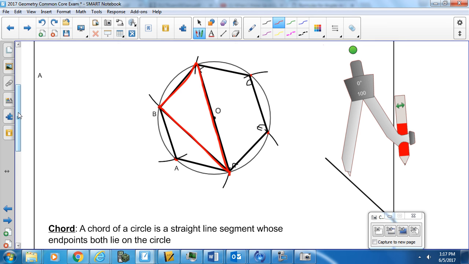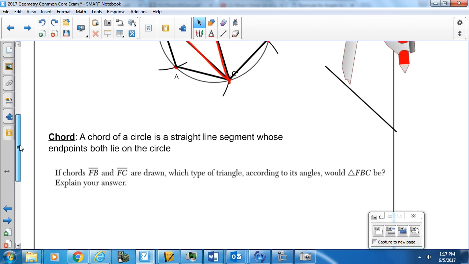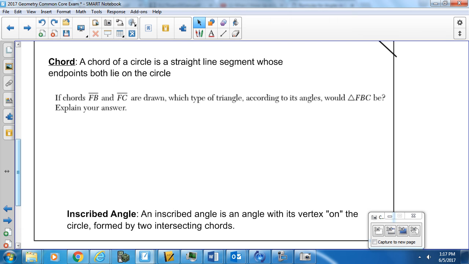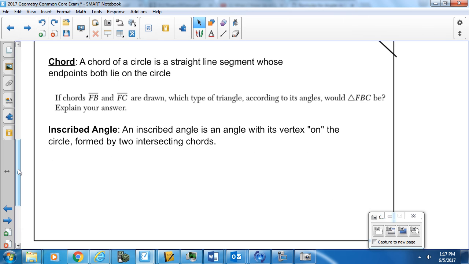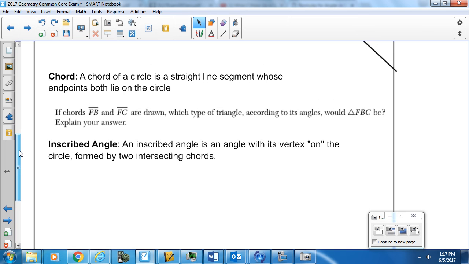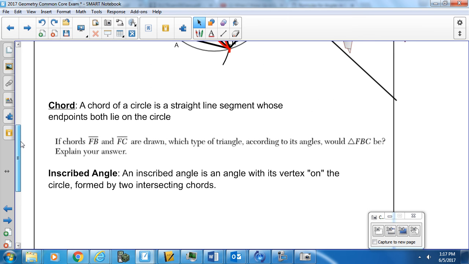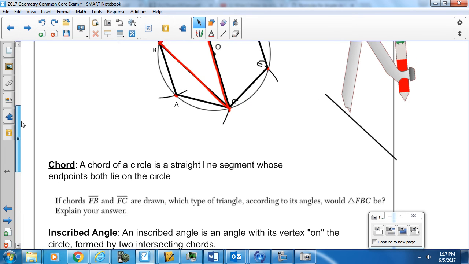Now, if you notice, angle B is an inscribed angle. They're all inscribed angles actually, but what is an inscribed angle, you might ask? Well, I want you to write this down. An inscribed angle is an angle with its vertex on the circle formed by two intersecting chords. Okay, so write that down.